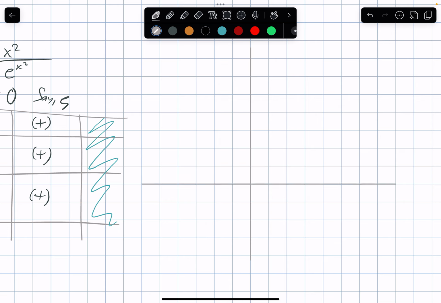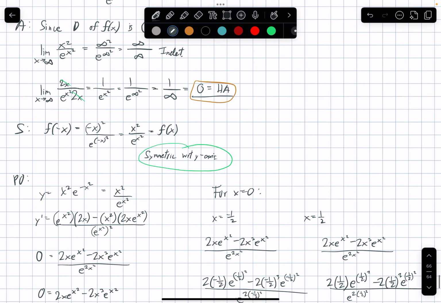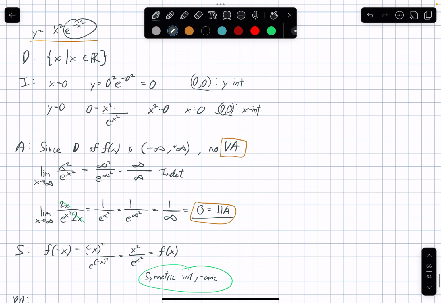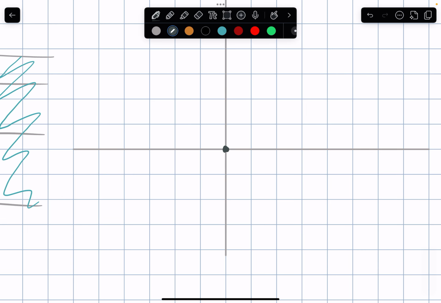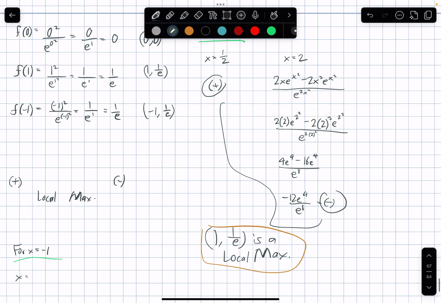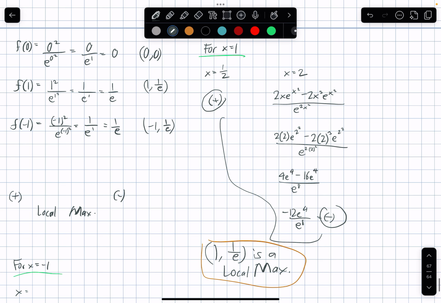So this is our Cartesian plane. What are the intercepts? So both are 0, 0. What are our critical points? So one of them is still 0, 0.